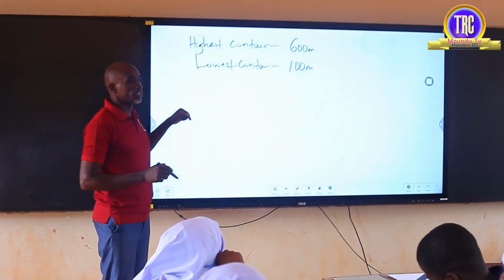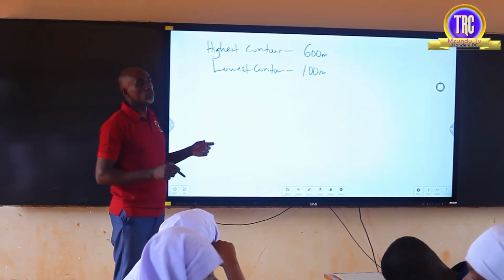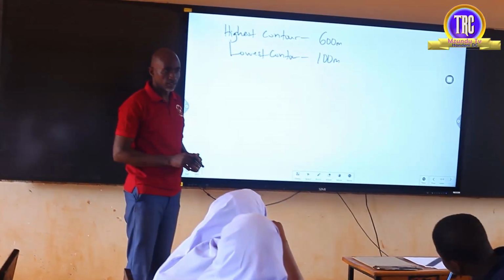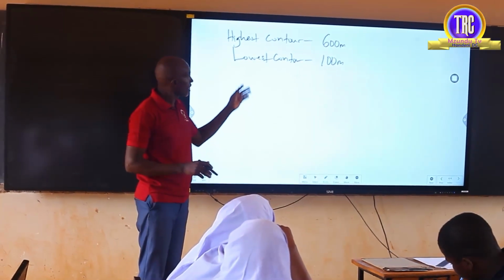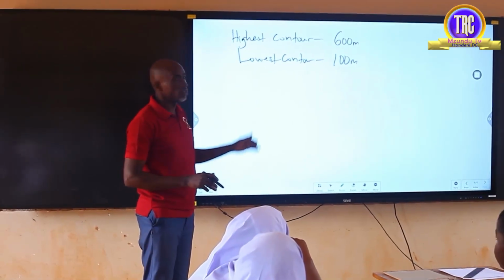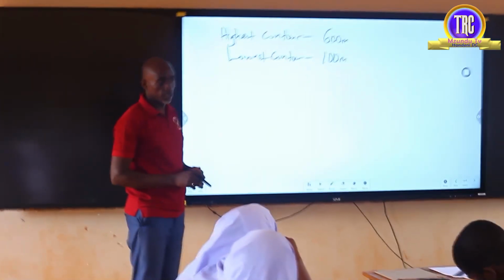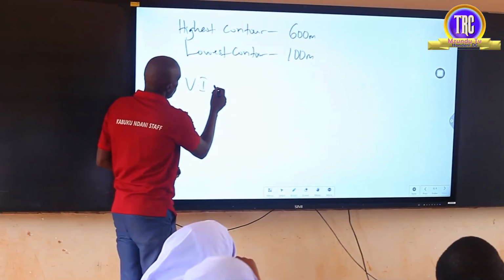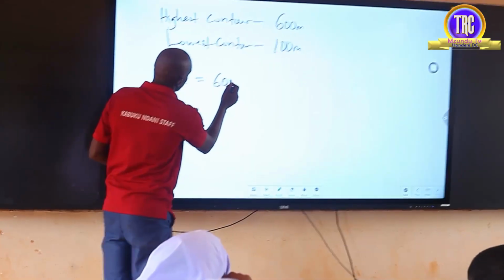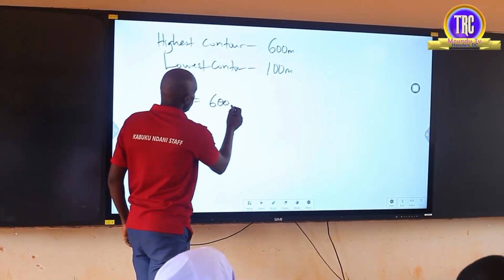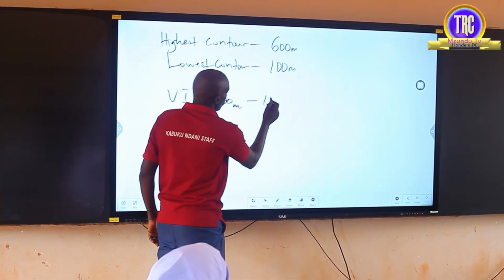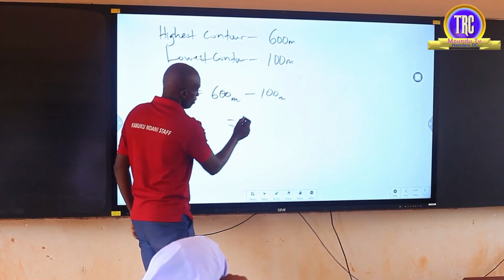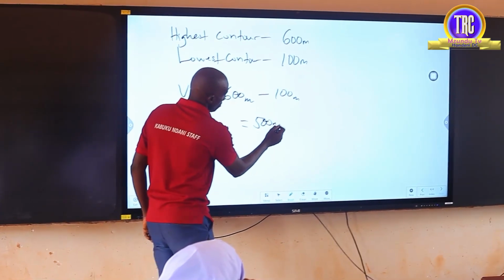Now the formula says that we have to find the difference. That means we subtract the lowest contour value from the highest contour value. Vertical interval is equal to 600 meters minus 100 meters, which gives 500 meters.